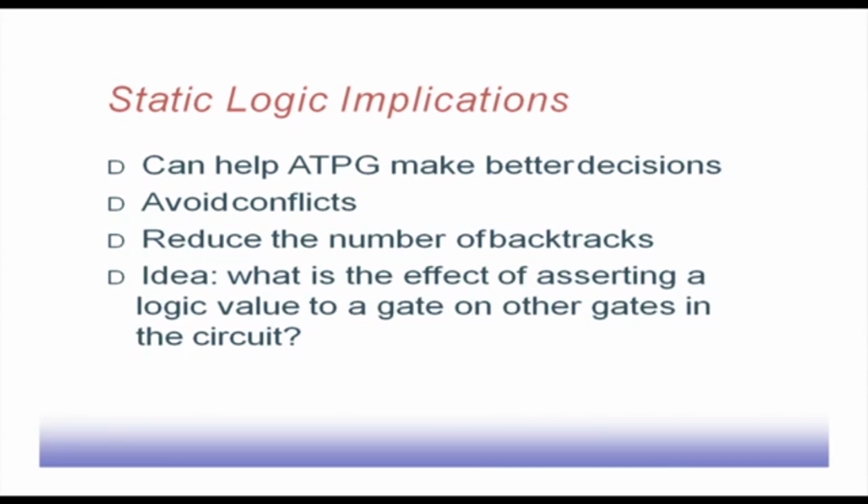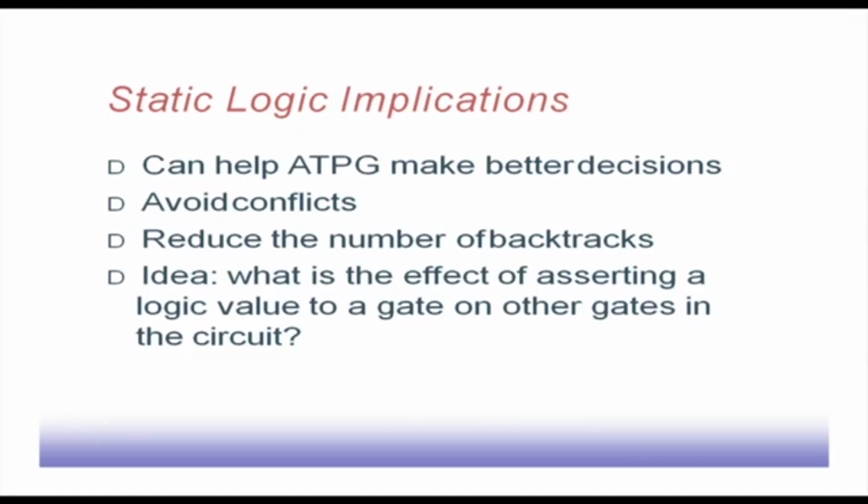It can help ATPG make better decisions, because the ATPG algorithm will be fed with some information, so that it can take quick decisions in selecting the inputs to be justified. It avoids conflicts and reduces the number of backtracks. So, these are the three outcomes if I can calculate some sort of logic implications.